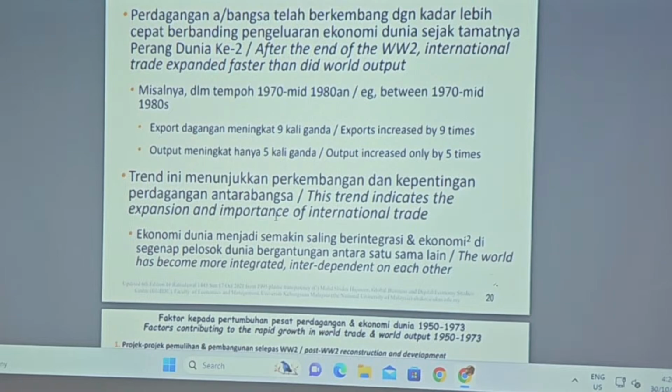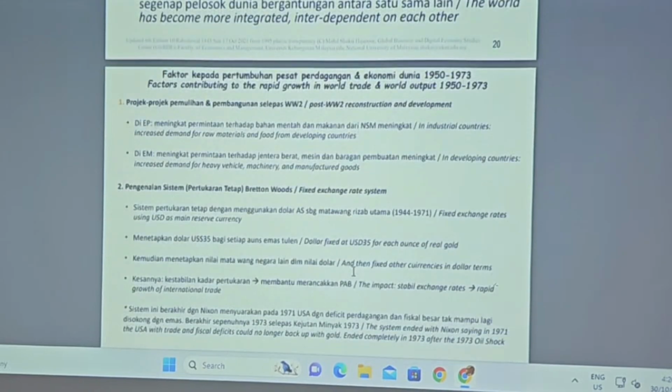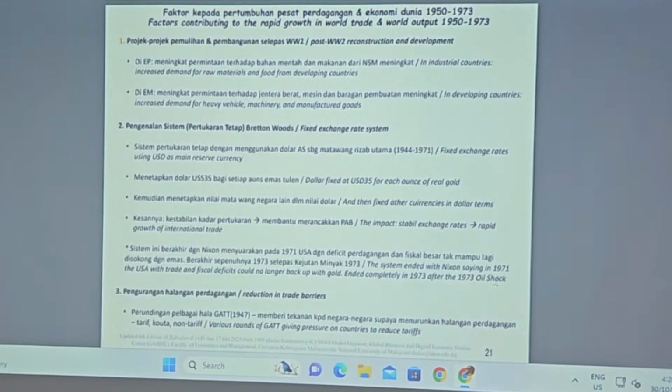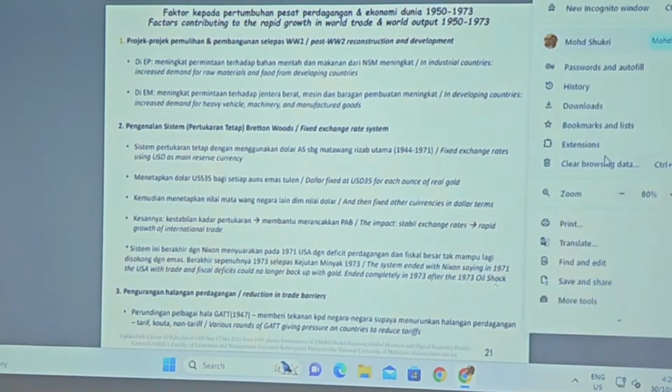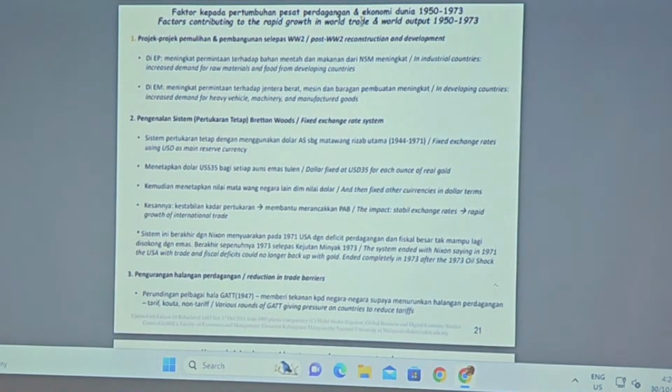The world became integrated, and these are the factors. We're going to learn today what were the factors that contributed to the rapid growth of world trade after the end of World War II, 1945.